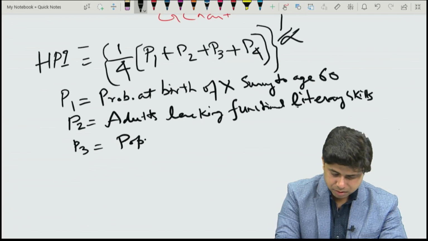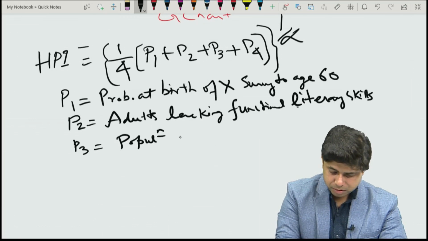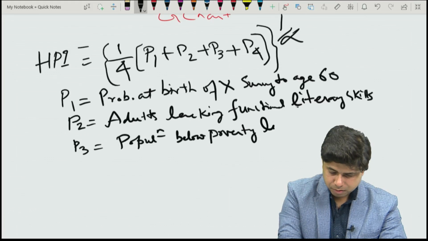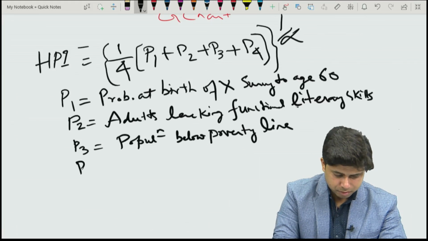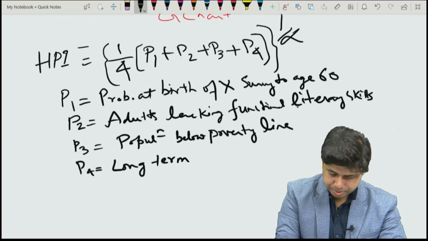P3 is population below poverty line. P4 is long-term unemployment.